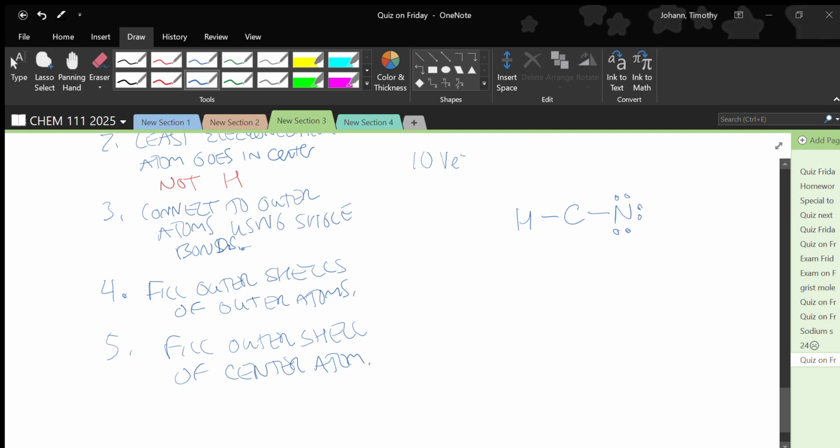I need to share 2 bonds to it. And so what your book would do is you'd move these 2 electrons down into a bond. But I need 4, so you move these 2 electrons down into a bond.